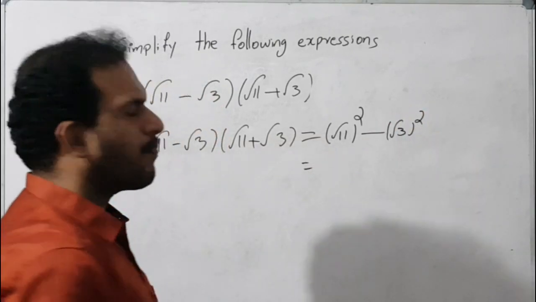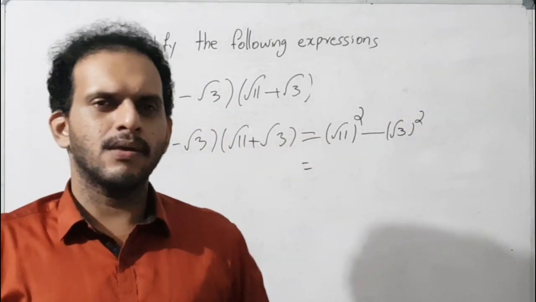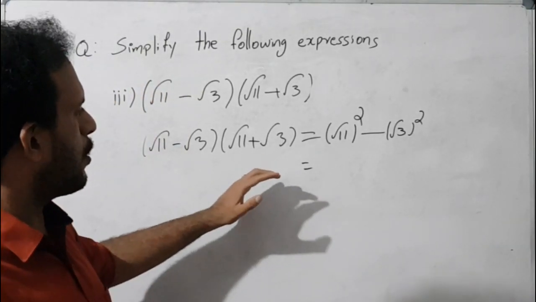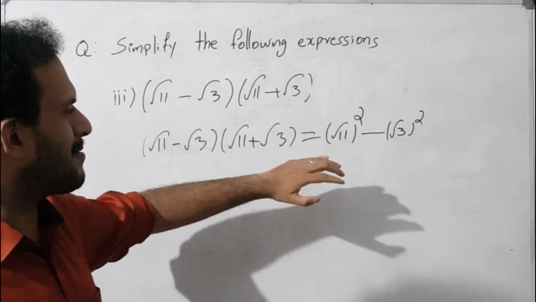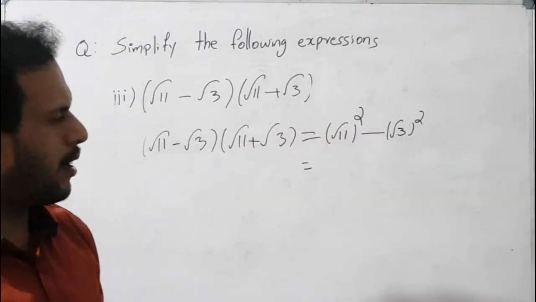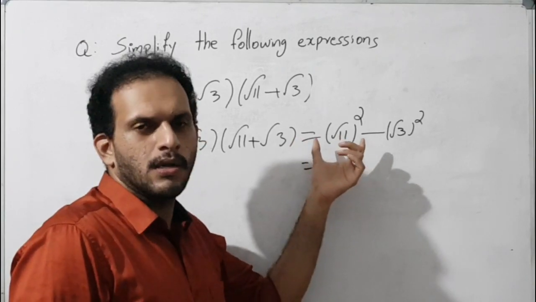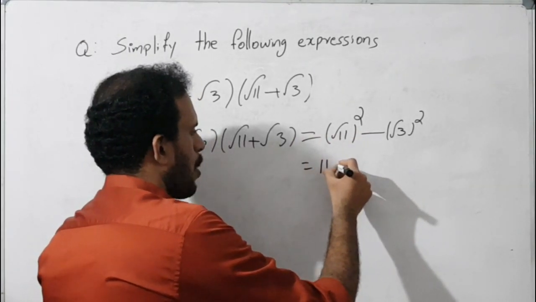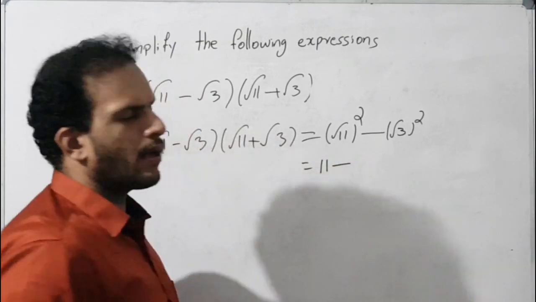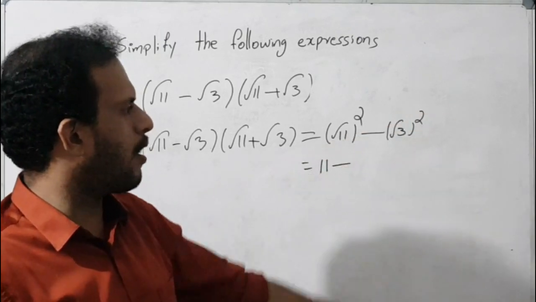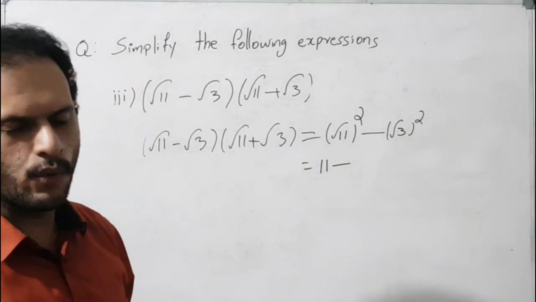Right? So, root 11 minus root 3 into root 11 plus root 3 is equal to, what is it, my dears? The answer is root 11 square minus root 3 square. What is root 11 square? The root 11 square is 11. Minus, what is the square of root 3?